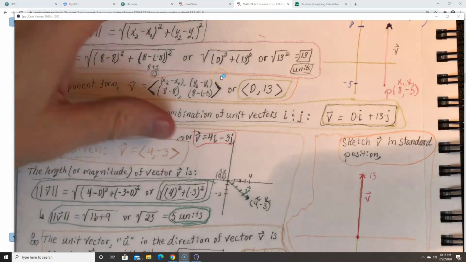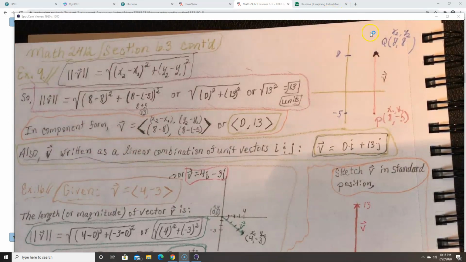You say x sub 2 minus x sub 1, that gives you the difference in the x values, which would be the horizontal component movement amount, and then y2 minus y1 would give you the difference vertically.